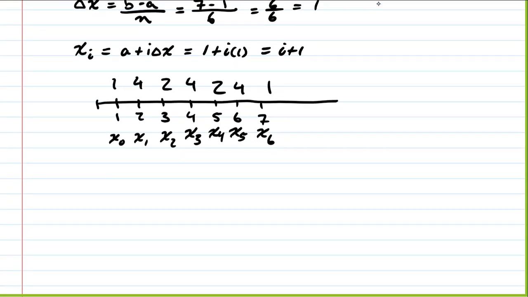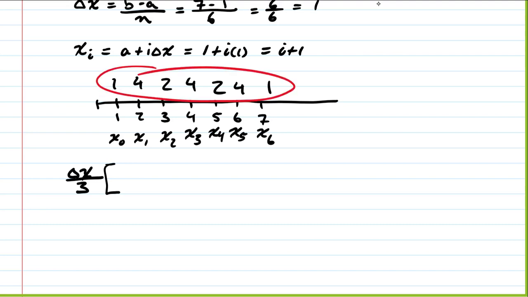And out in front of Simpson's rule, what do we always have? Delta x over 3 times, we're going to take these ratios of our function evaluated at the corresponding values, right?